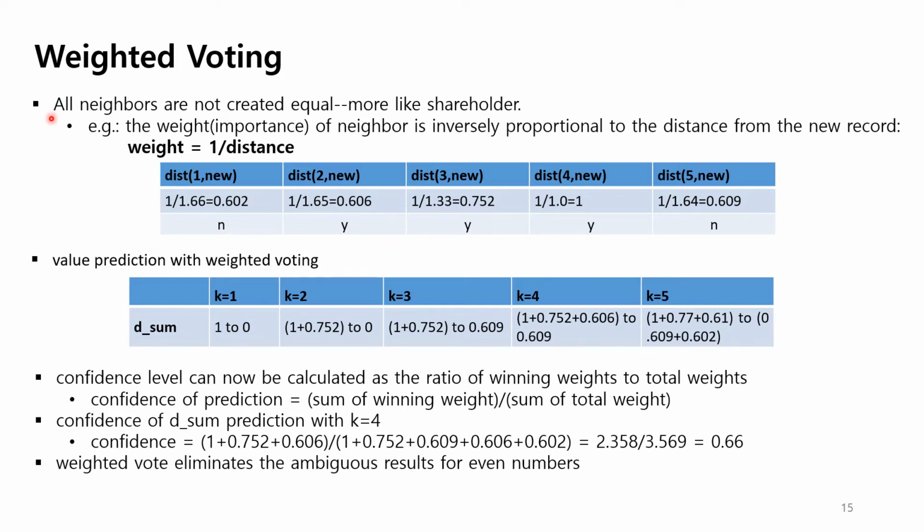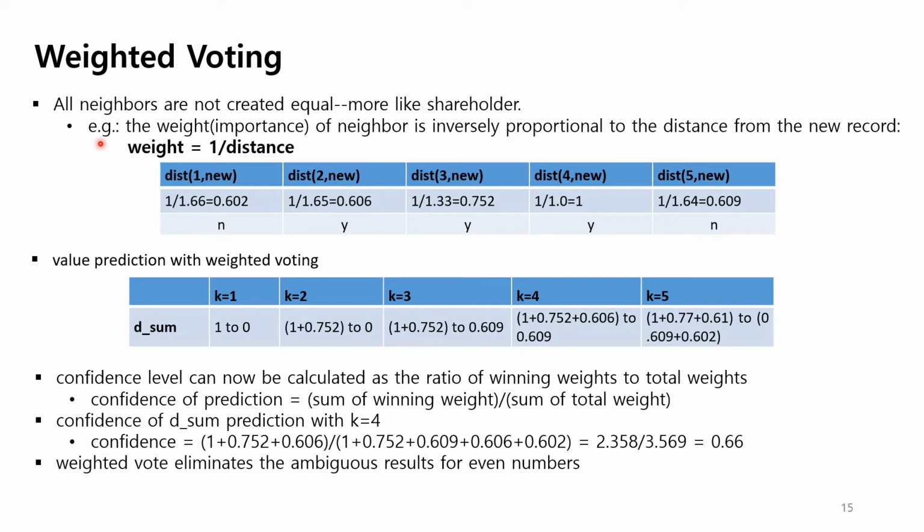So we can say all neighbors are not created equal. It is more like a shareholder in a company. So now we have to compute the weight of each neighbor.